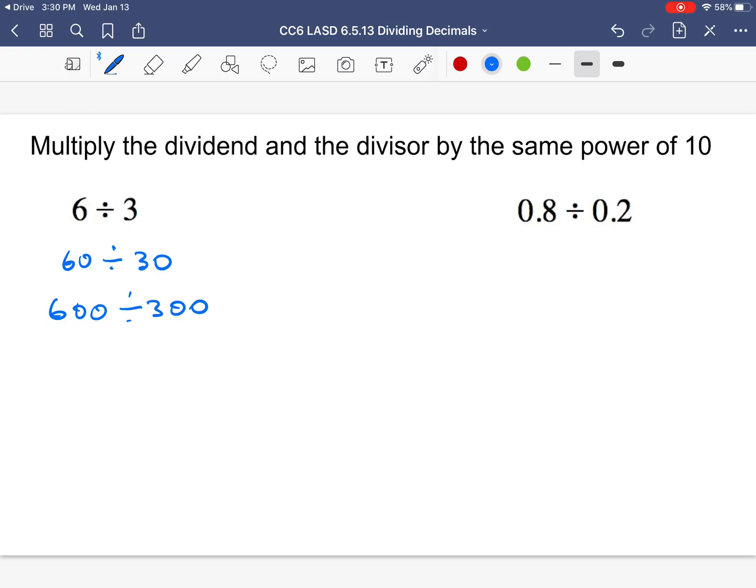Let's multiply them both by 10, and we will have 8 divided by 2. 8 divided by 2 is equivalent to 0.8 divided by 0.2, and 8 divided by 2 equals 4. So multiply both your dividend and your divisor by the same power of 10.